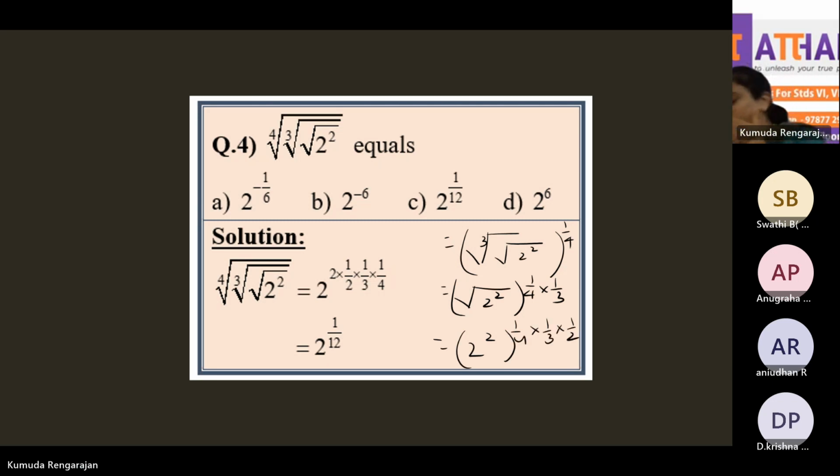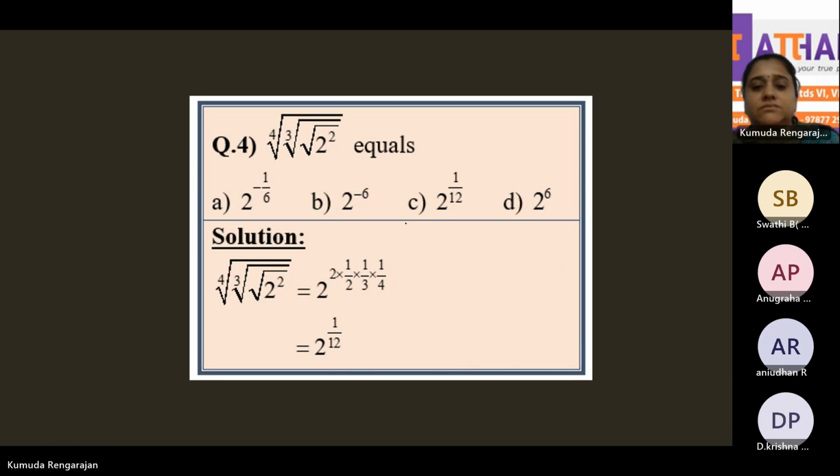Correct, children? So basically, you're multiplying all the powers. So 2 and 2 will get cancelled. 1 by 12. 2 to the power 1 by 12. Write it down if you want to.